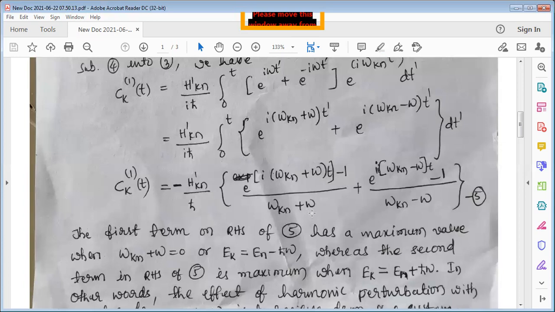Here also i omega kn minus omega. That i is taken outside here, and that i is multiplied to this i, which makes i squared, and i squared is equal to minus 1. So in this way we got the negative sign in this equation 5.